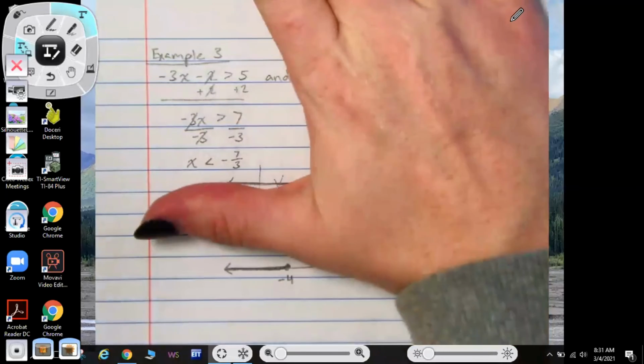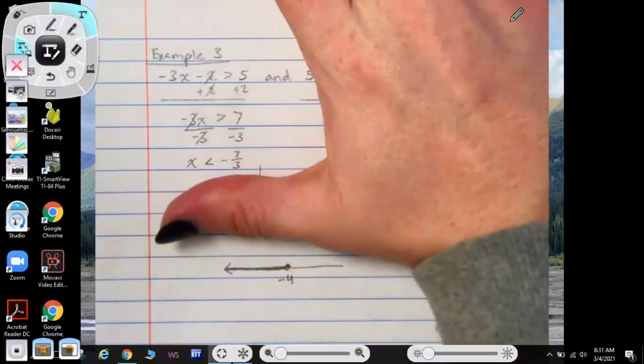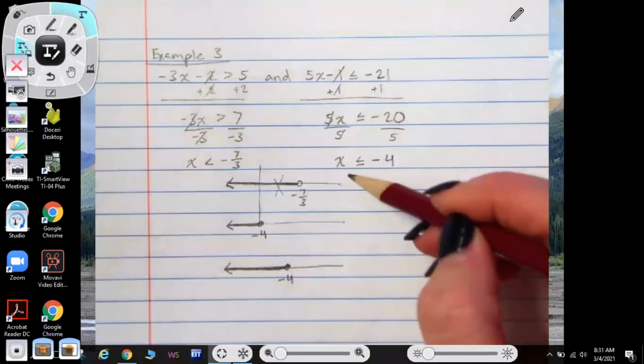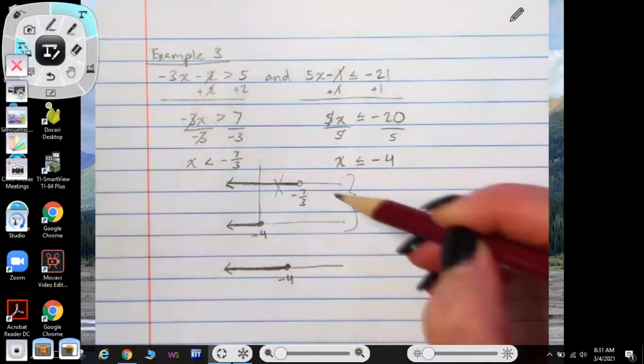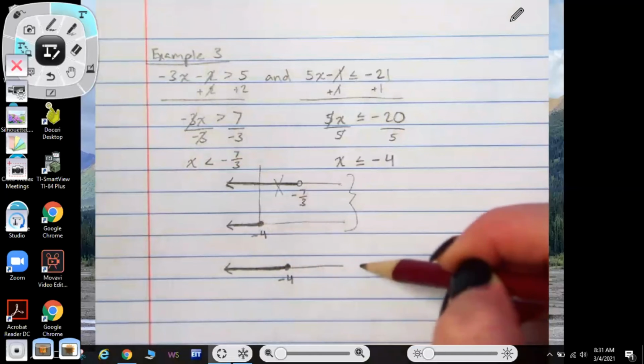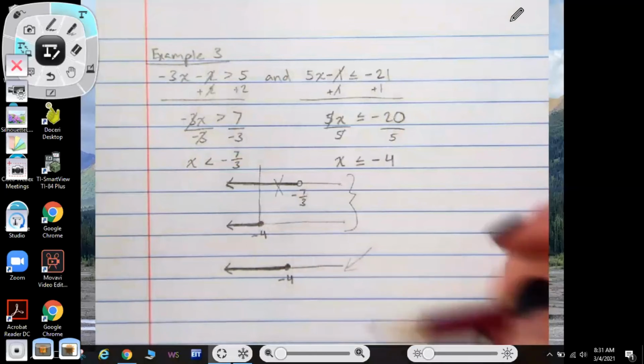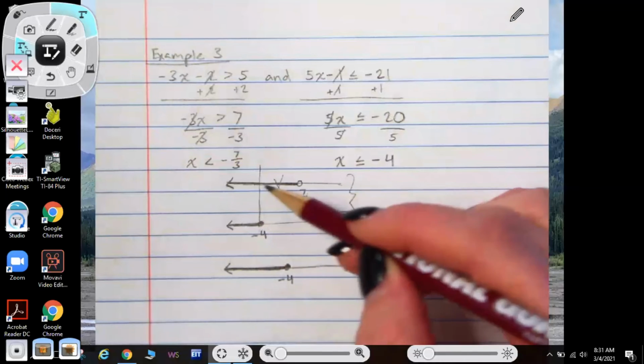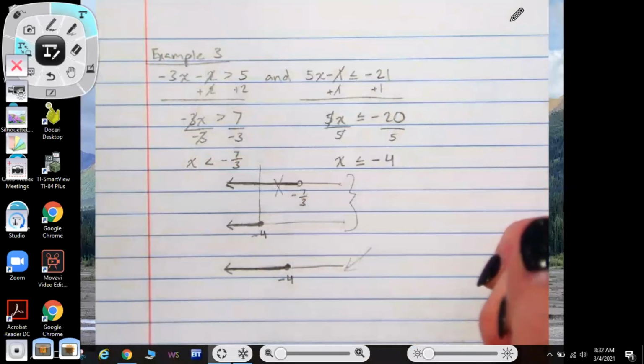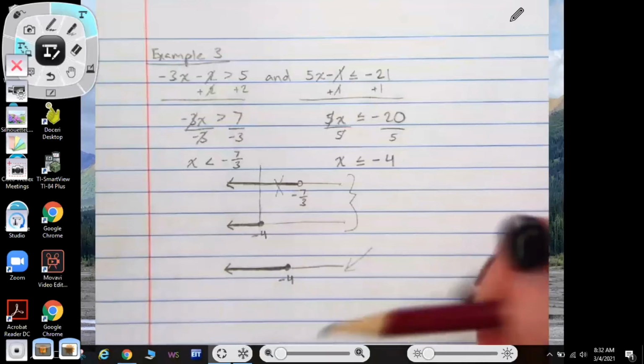I don't really care about these two anymore. So on these two graphs, you want to be careful about where you put your numbers. On this one, when you're just drawing your solution, it doesn't have to match the other two that you did. I don't know if that was confusing for you, but hopefully that cleared it up.